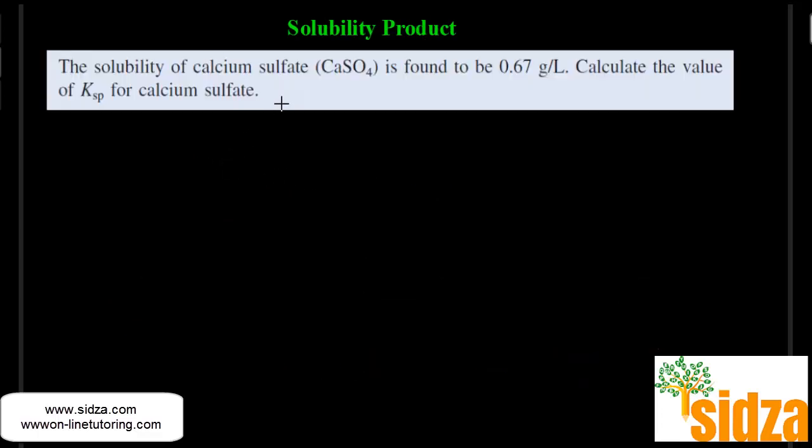So let's take one more question here. We have calcium sulfate. The solubility of the calcium sulfate is given, and we have to find the solubility product. When you dissolve calcium sulfate in water, you get a calcium ion and a sulfate ion, SO4 2 negative.